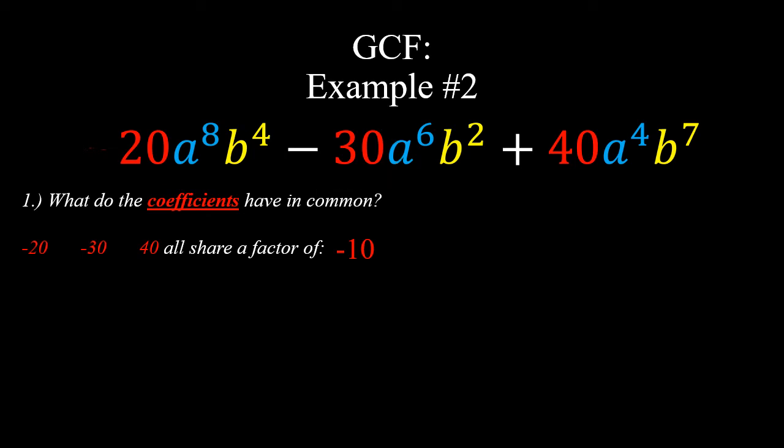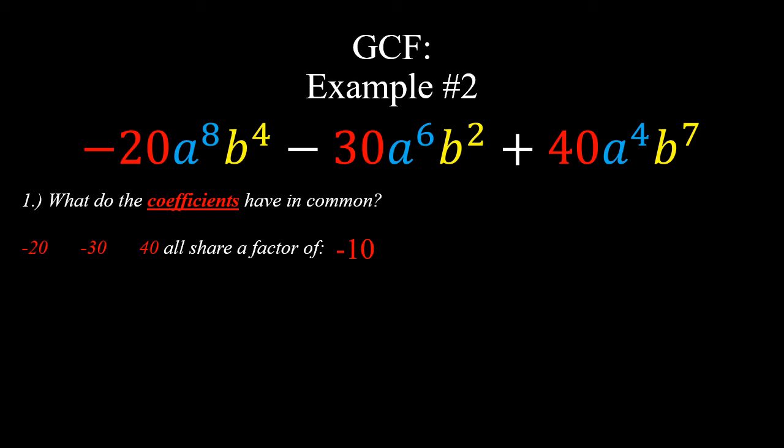I always pull a negative out of my GCF when my leading term, the first term in my polynomial, has a negative coefficient. Because my leading coefficient has a negative, I'm going to pull that negative out as part of my GCF. So you always pull a negative out in your GCF if your leading coefficient has a negative sign. That is a rule of thumb.